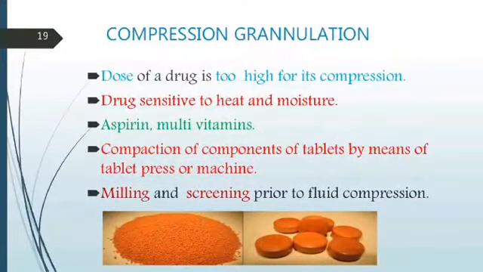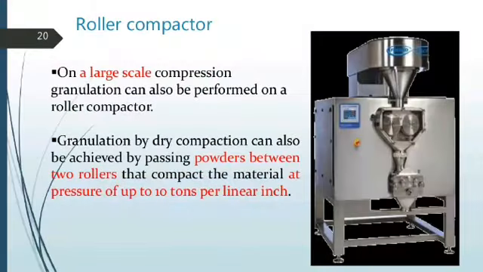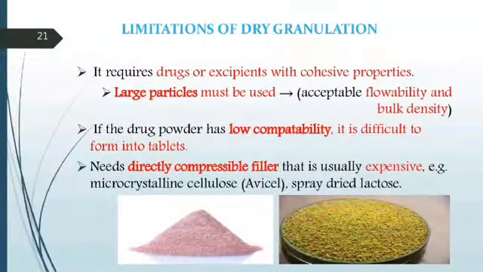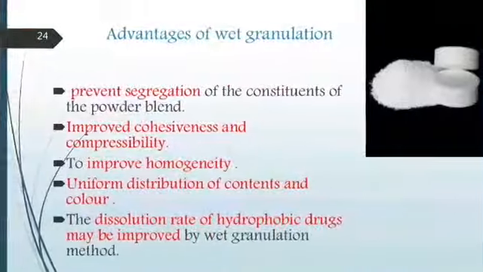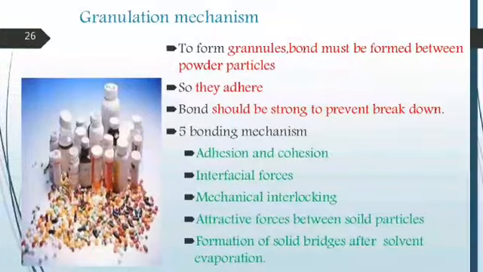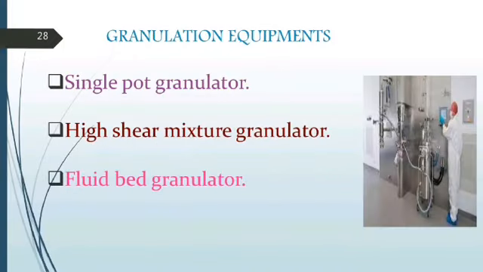This is the equipment used for the preparation of direct compression granules, called a roller compactor. Then you have limitations which were already discussed. This is industrial, so we need larger types of equipment in industry.